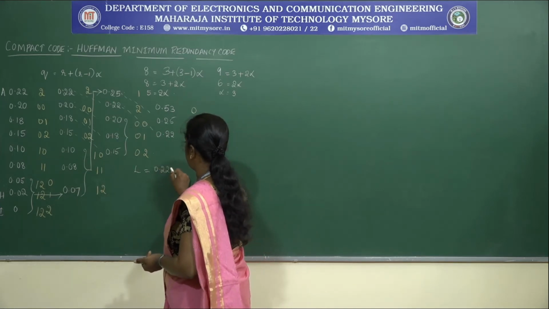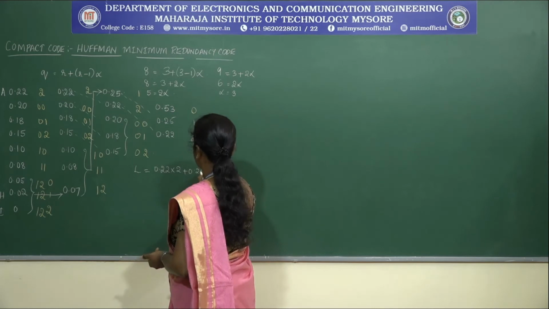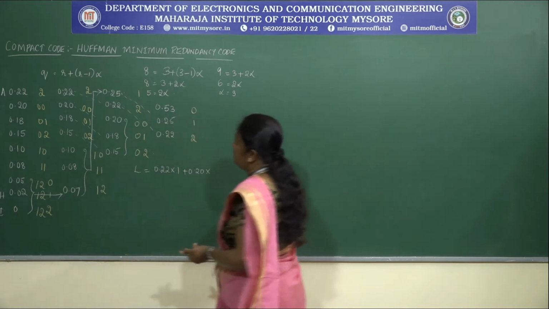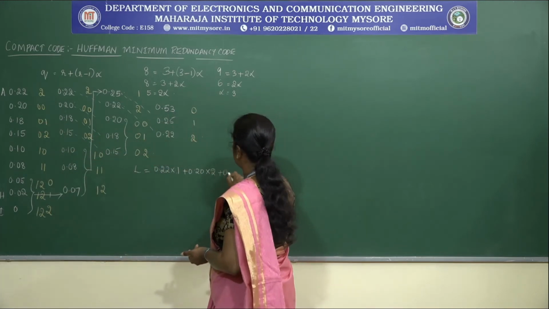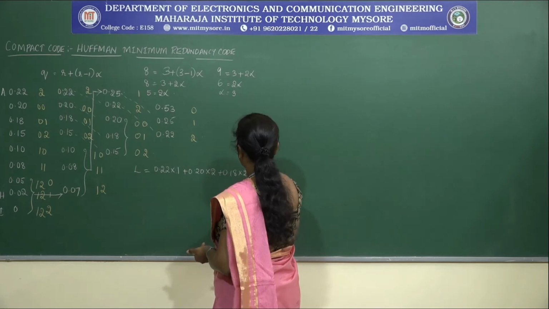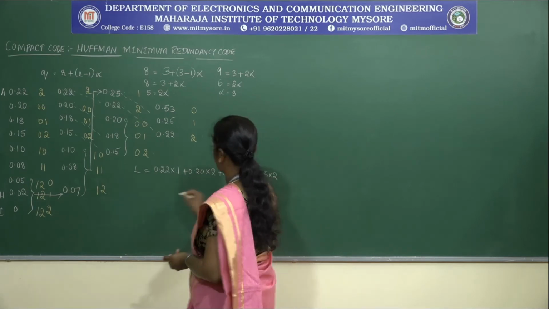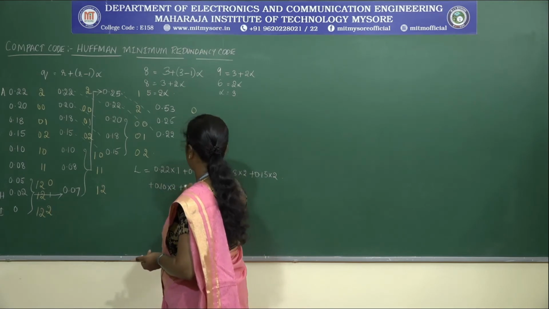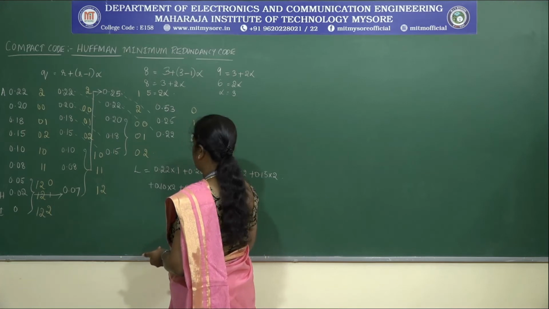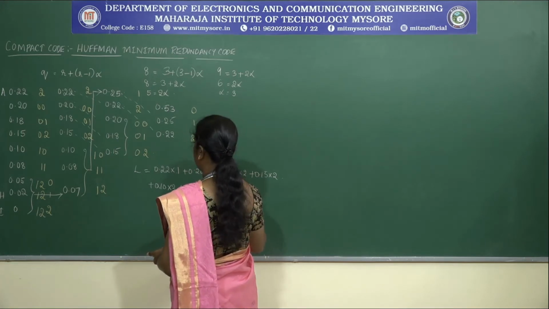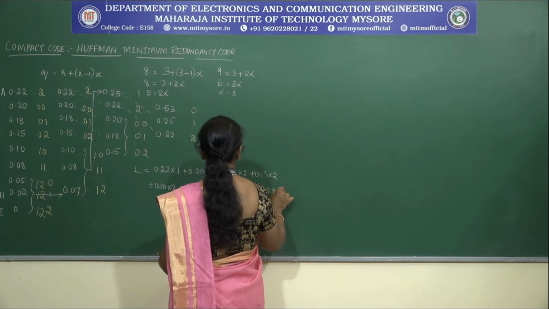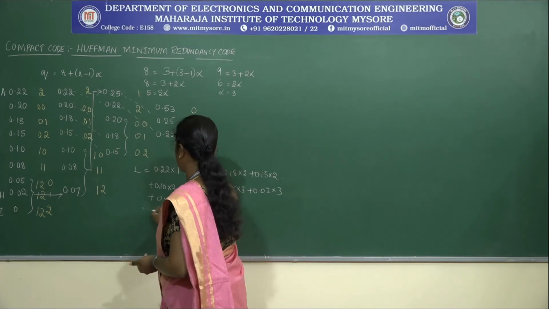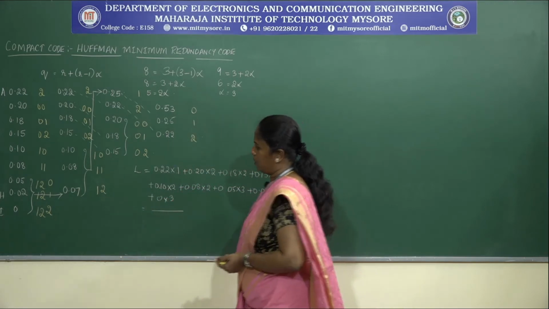So it is 0.22 into 2 plus 0.20 into 1, sorry, this is 2, since we have 2, plus 0.18 into 2 plus 0.15 into 2 plus 0.10 into 2 plus 0.08 into 2 plus 0.05 into 3 plus 0.02 into 3 plus 0 into 3. If we calculate, you will get its average length L.